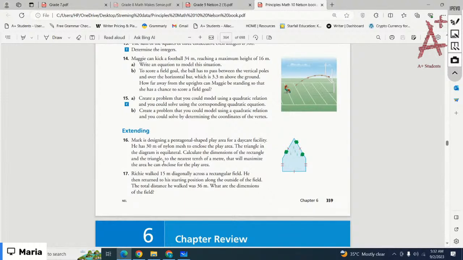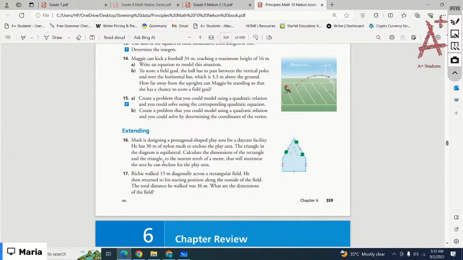He has 30 meters of nylon mesh to enclose the play area. The triangle in the diagram is equilateral. Calculate the dimensions of the triangle and rectangle to the nearest tenth of a meter that will maximize the area he can enclose for the play area, right?